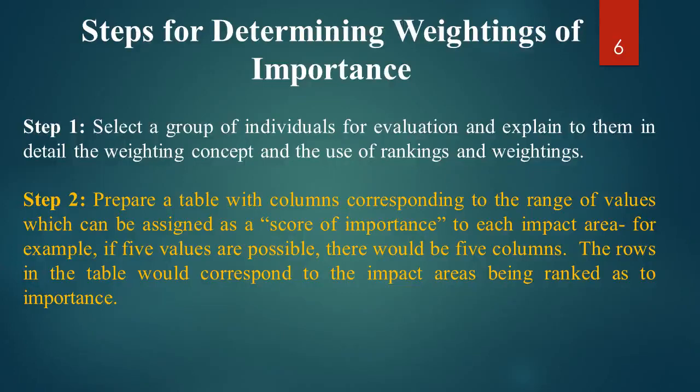In the second step, prepare a table with columns corresponding to the range of values which can be assigned as a score of importance to each impact area. For example, if 5 values are possible, there would be 5 columns. The rows in the table would correspond to the impact areas being ranked as to importance.